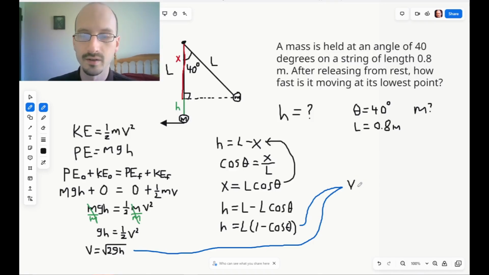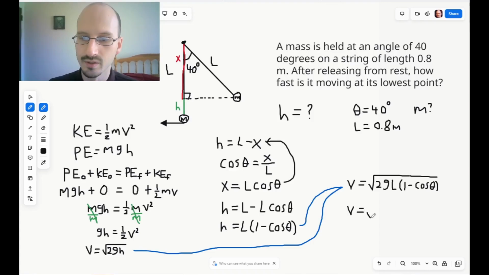Velocity in the final snapshot is equal to the square root of 2 times g times L times (1 minus cosine theta). And now we have all these variables that we know all in a row. So now it's time to plug in the numbers.